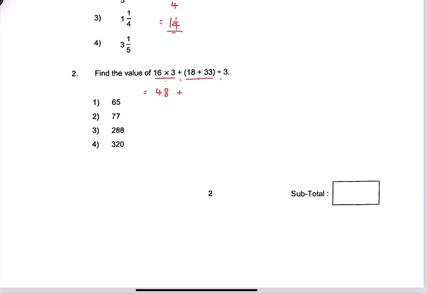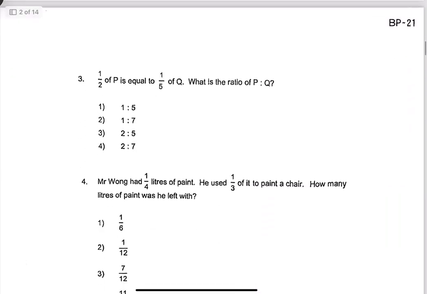Then we will deal with the one inside, which will give you 51, and divide by 3. So next we will deal with the division. So 48 we will bring down first, plus. So 51 divided by 3, you have 17, and you work out the answer to give you 65, which is number 1. Okay, let's move on to the next.